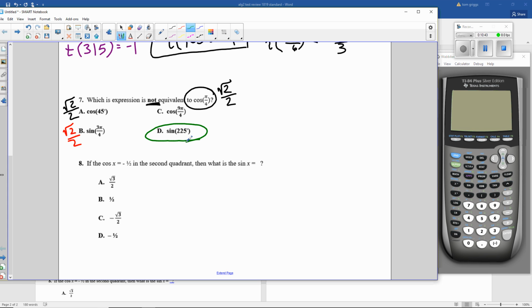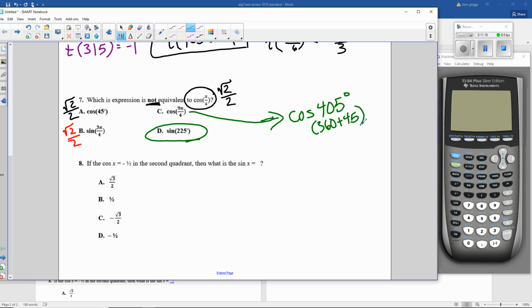Now you notice we skipped C because C, 9 pi over 4, is not on the unit circle. If you convert 9 pi over 4 to degrees, it's the same thing as the cosine of 405 degrees, which is basically 360 plus 45.